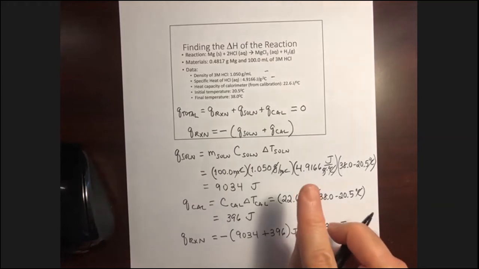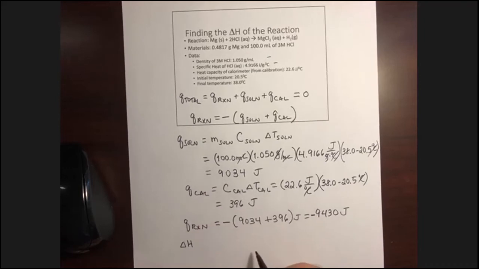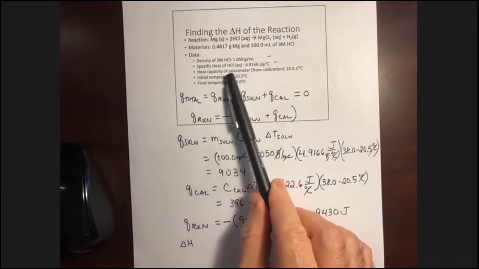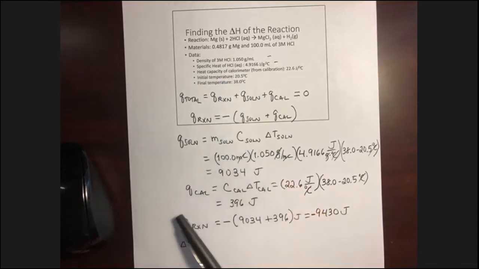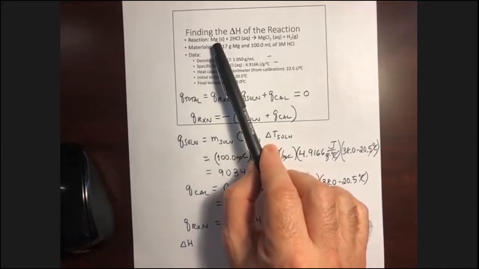Under these conditions, delta H, which is actually what we're looking for, the enthalpy change, is essentially the heat of the reaction at constant pressure for 1 mole of our reactant. Now, in this case, we had an excess of HCl, so whatever amount of heat is here is generated with magnesium being the limiting reactant.